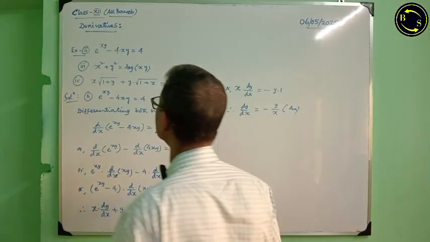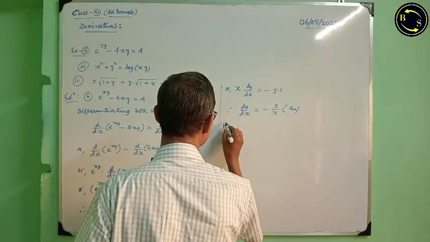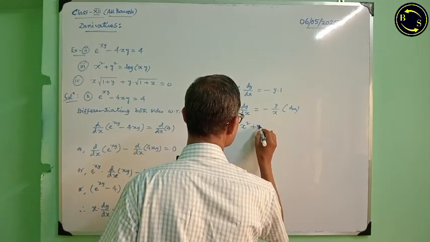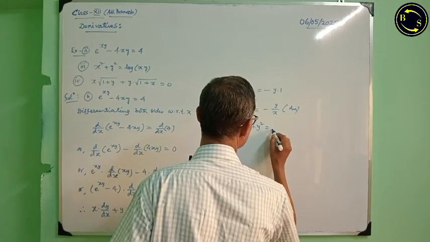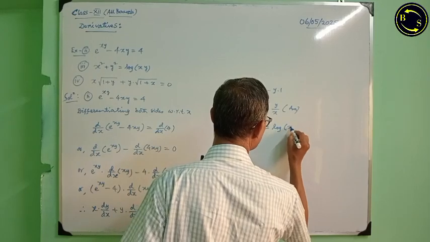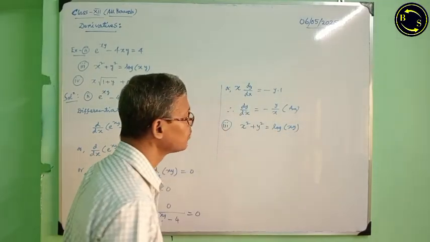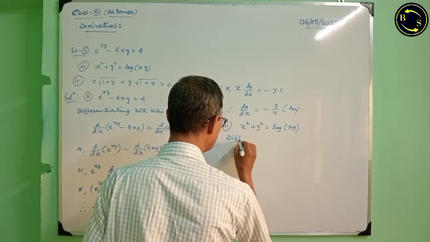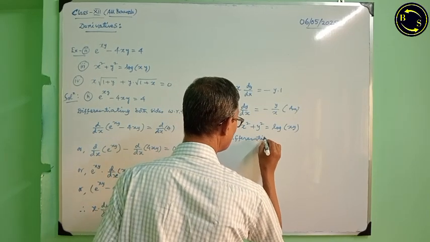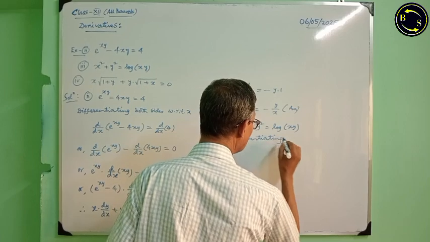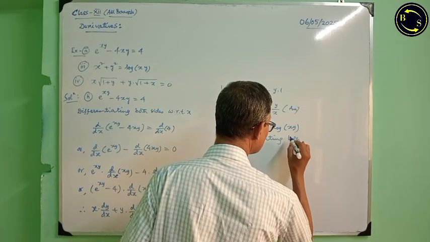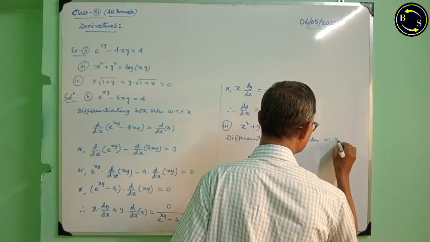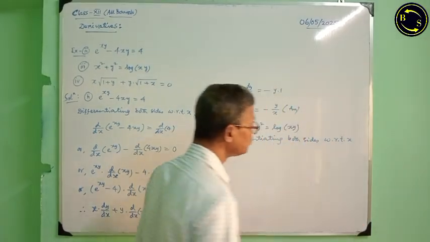Then next sum, x square plus y square is equal to log of xy. Differentiating both sides with respect to x.